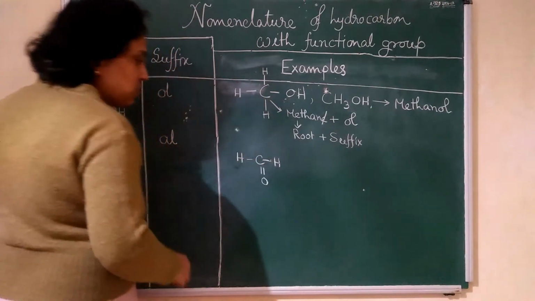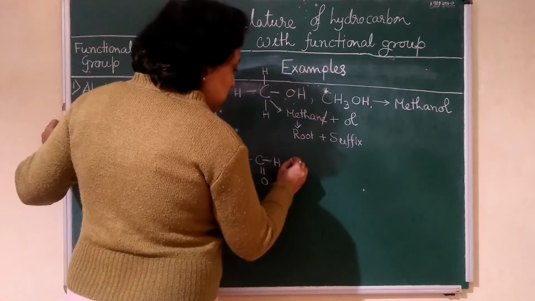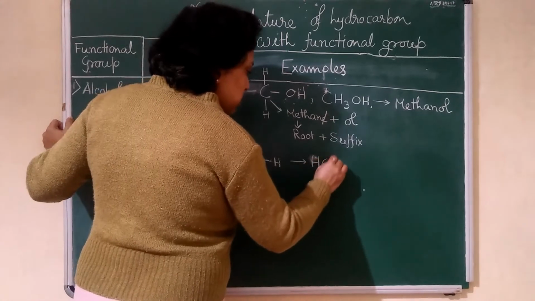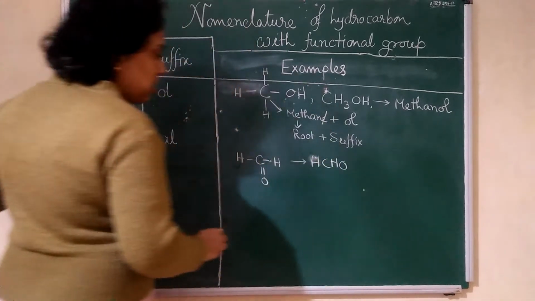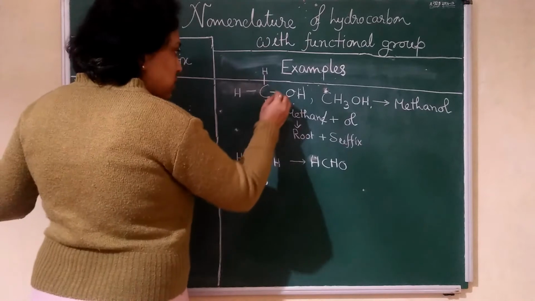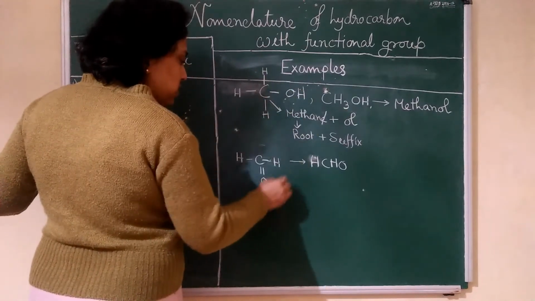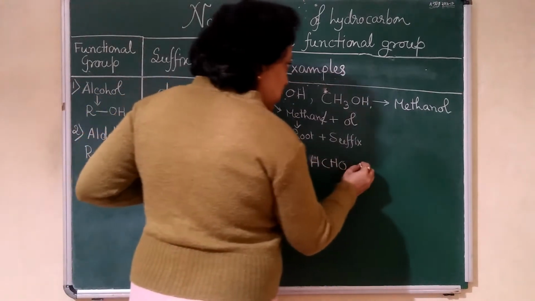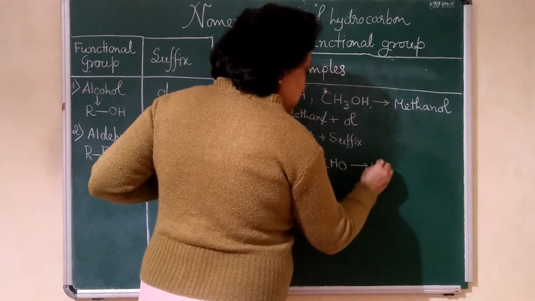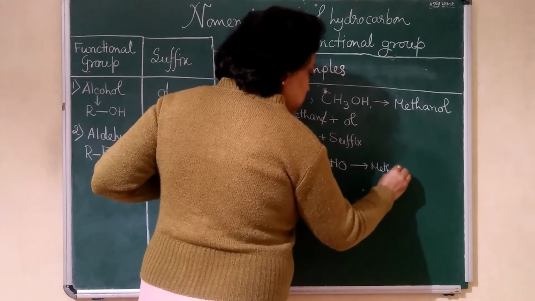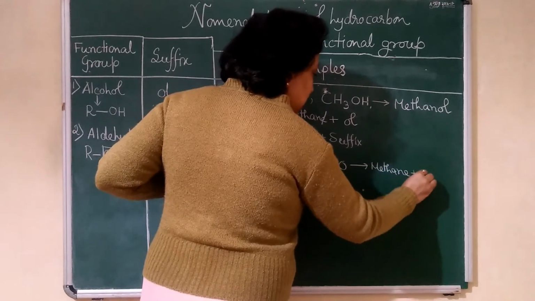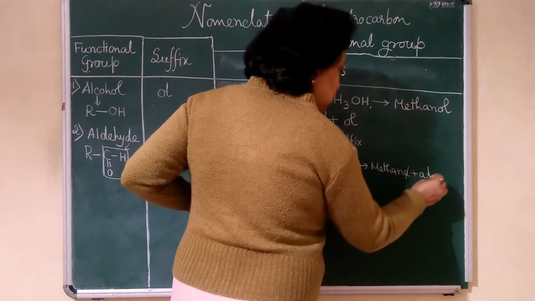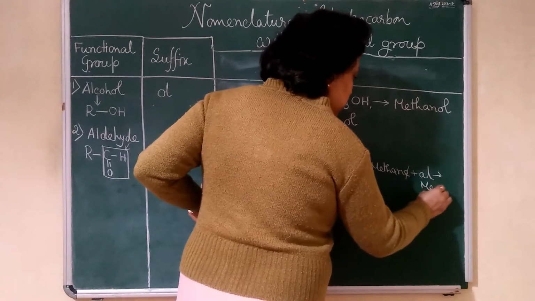So HCHO is the condensed form, and this functional group is aldehyde. Now one carbon, as we have discussed, so it is methane plus AL. E will be omitted, so the name will be methanal.